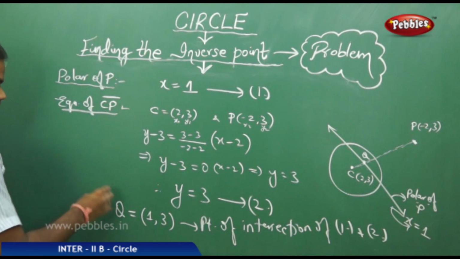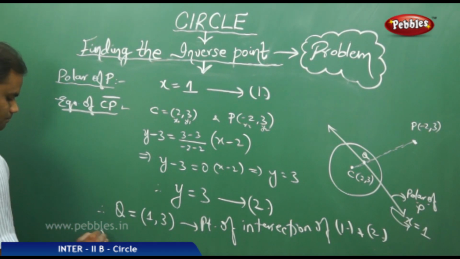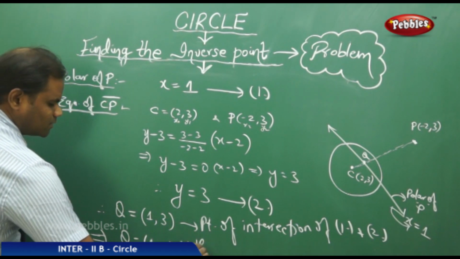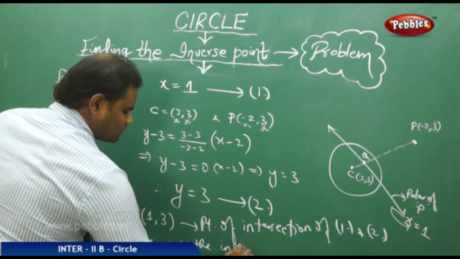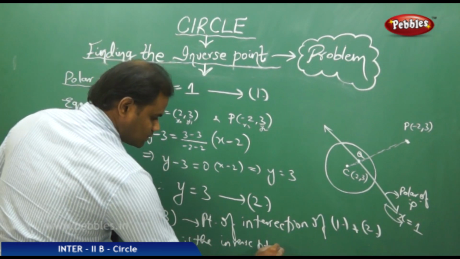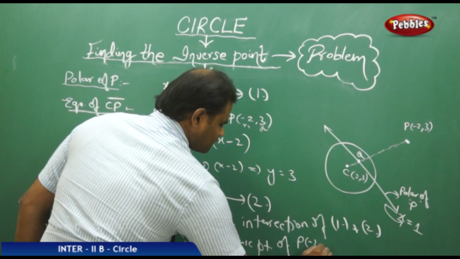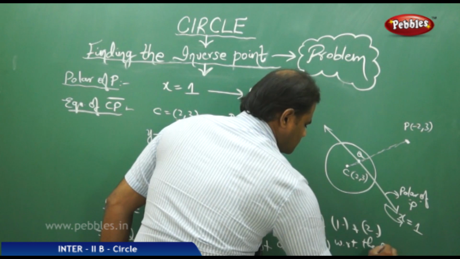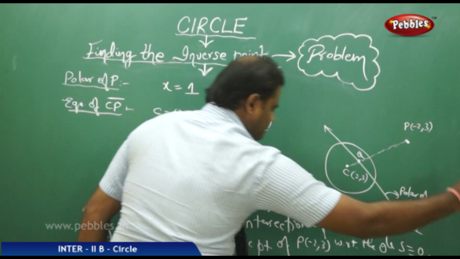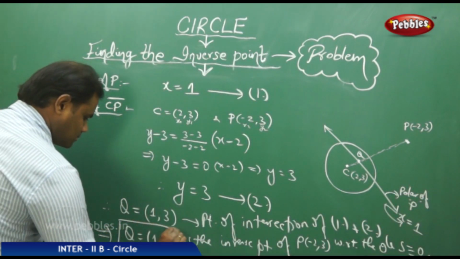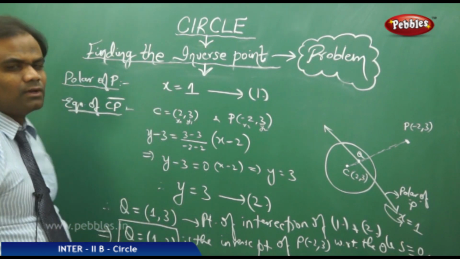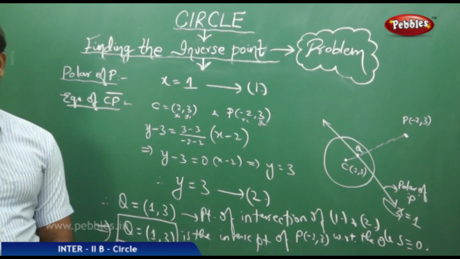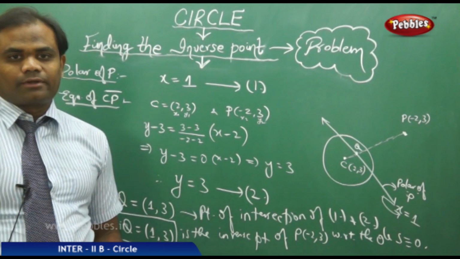Also, that implies Q equal to (1, 3) is the inverse point of P with respect to the circle S equals 0, is how we understand the finding of the inverse point of the circle with respect to the other point.